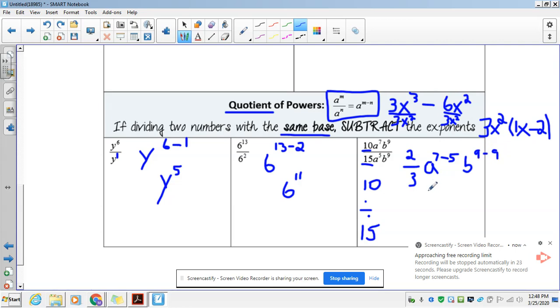Okay, so that would end up being 2/3 A to the second. And then B, 9 minus 9 is 0. And we just don't include it. If you notice, here would have been where it cancels out. That is dividing quotient. Please try the next slide with an example of how to do this.